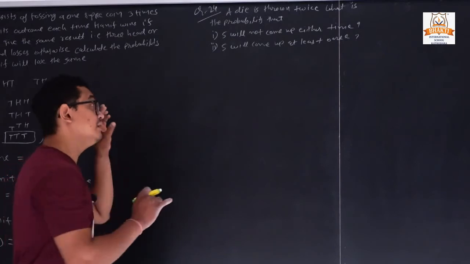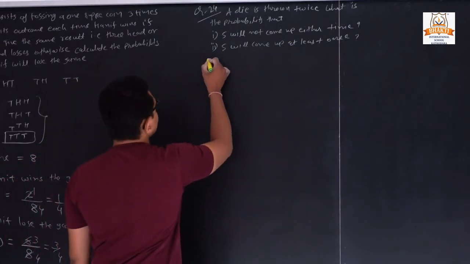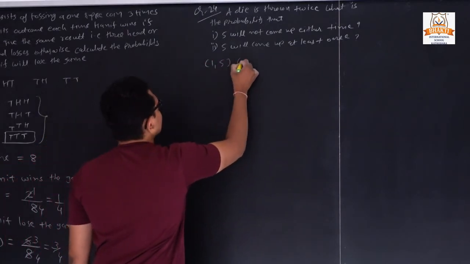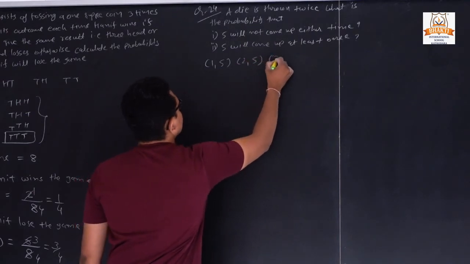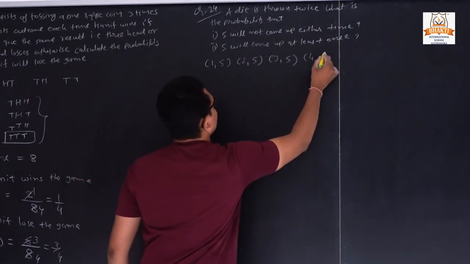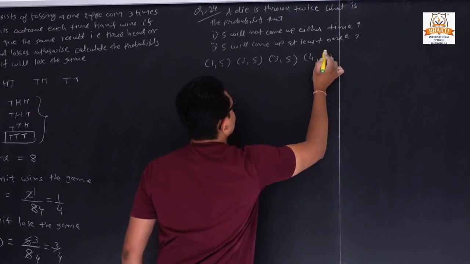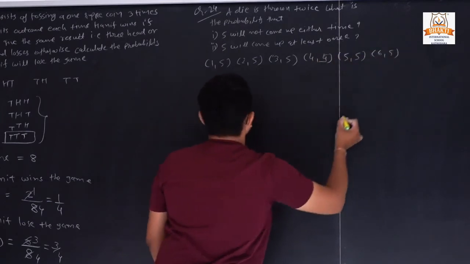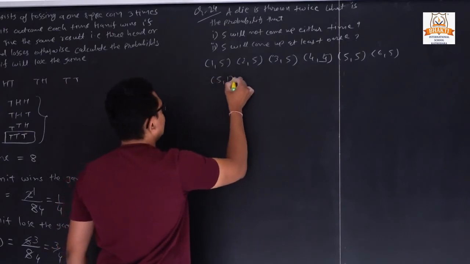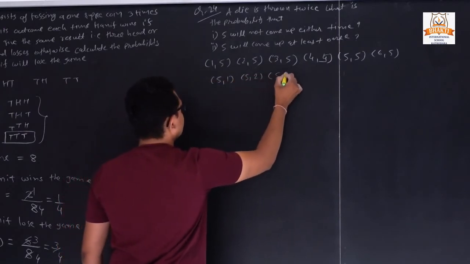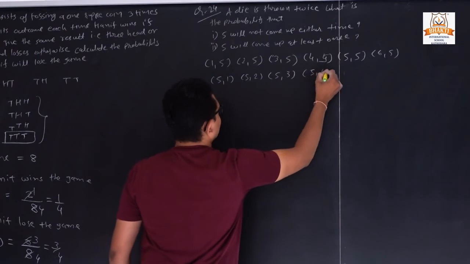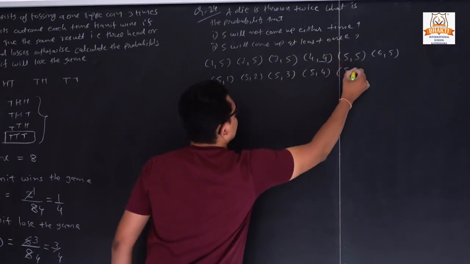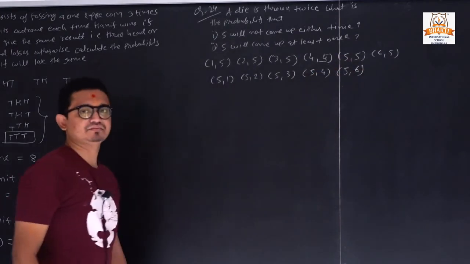So first of all, how many times does 5 come? 1 5, 2 5, 3 5, 4 5, 5 5, and 6 5. We can also find 5 1, 5 2, 5 3, 5 4. 5 5 is already there. So we have 5 6.